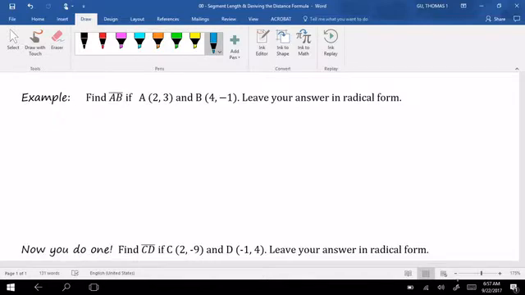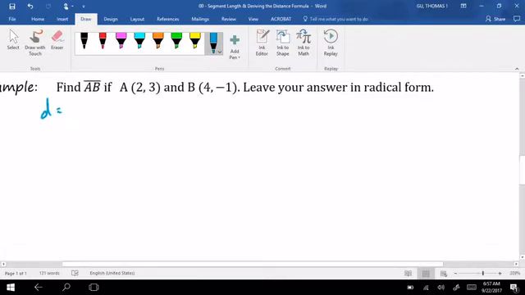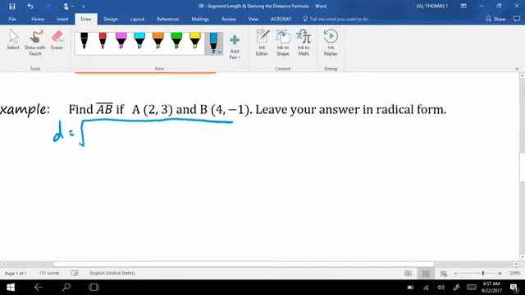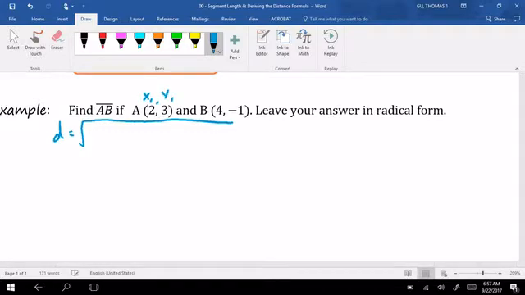Watch this. D equals, I'm going to zoom it in so I have a little more space. D equals, remember that's distance. And what was our formula? It's the square root of, let's label our values. I'm going to call this x sub 1 and y sub 1 because that's our first point.